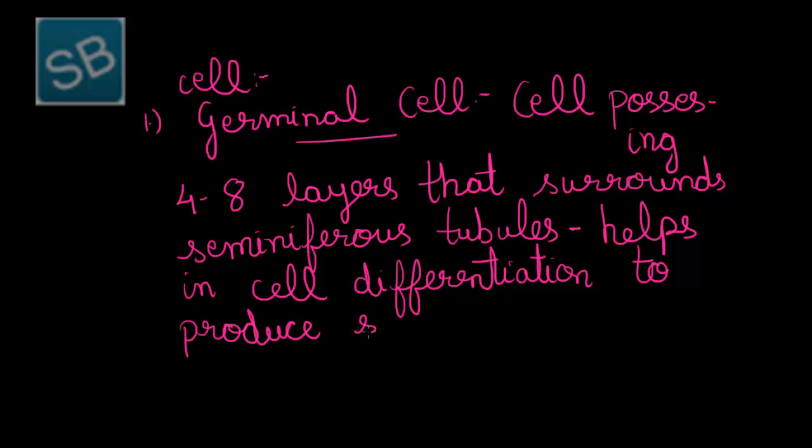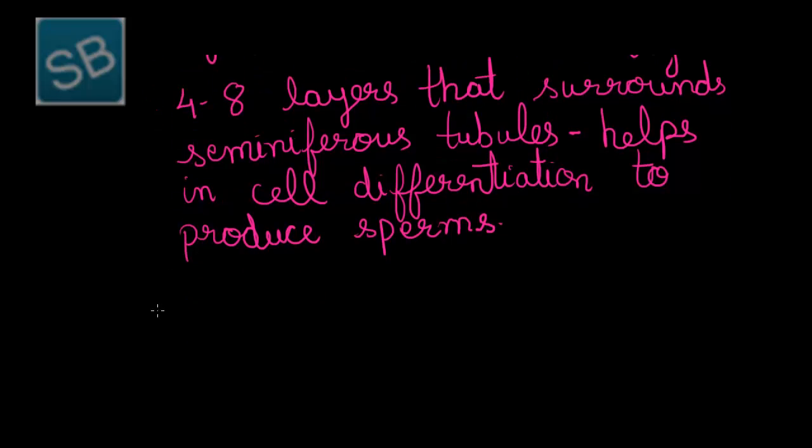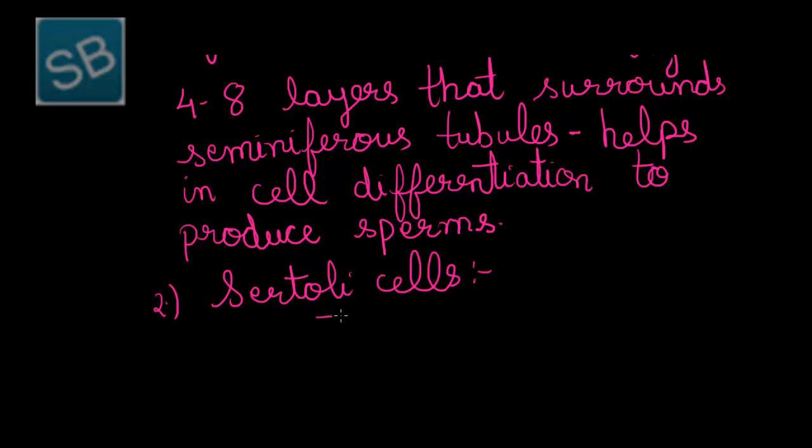The second type of cells which surround the seminiferous tubule is known as Sertoli cells. The Sertoli cells are the type of cells which provide nutrition to the developing sperm.